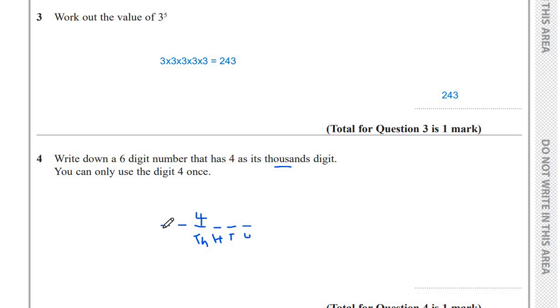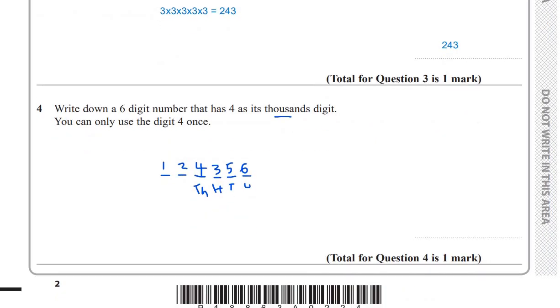The rest of the blanks you can fill in with any other number, but it cannot be 4 again. So this could be an example of a 6-digit number that has 4 as its thousands digit. Many of you could think of other combinations, and that would work as well.